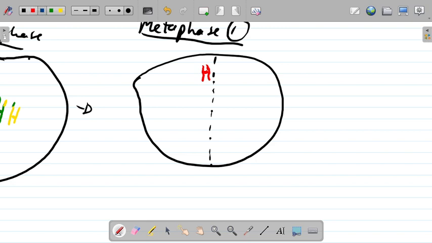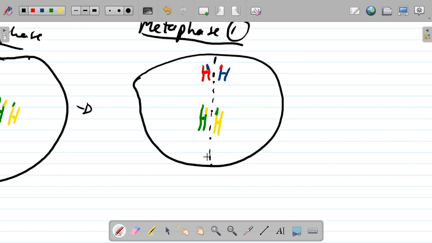Remember, these are replicated chromosomes. Let's not forget. And you have a bit of that. You have a bit of that. And then on the opposite end, we have this. Now, this is your metaphase.